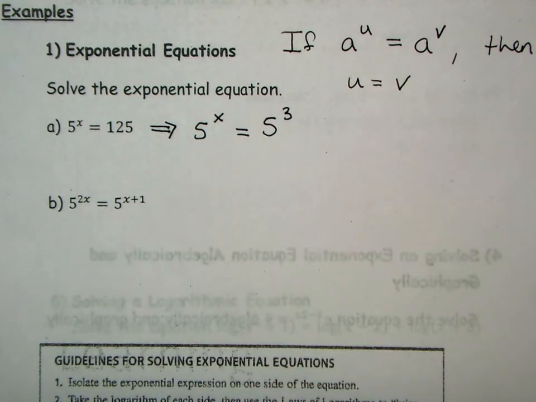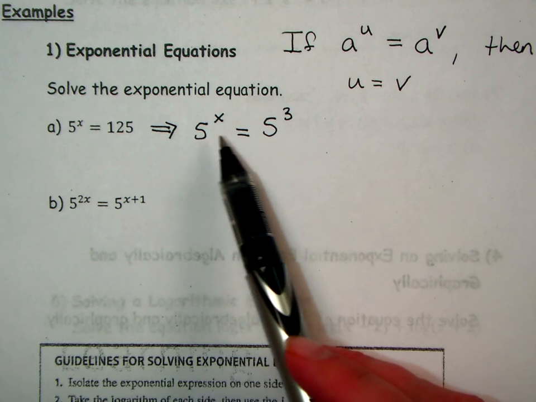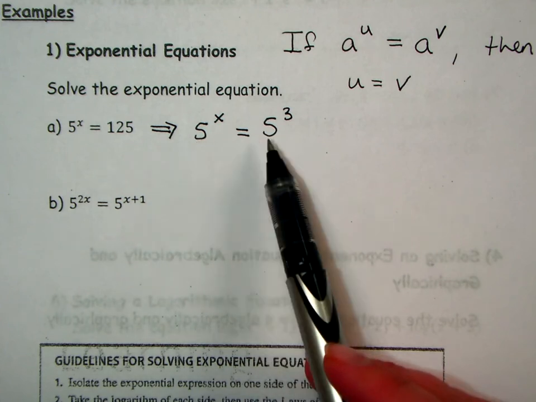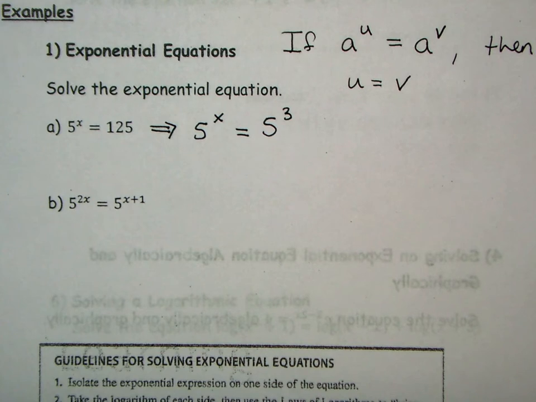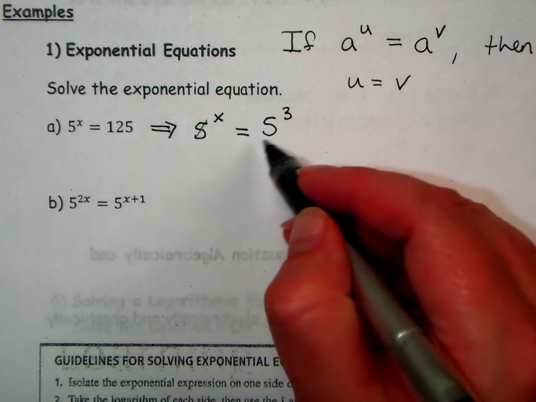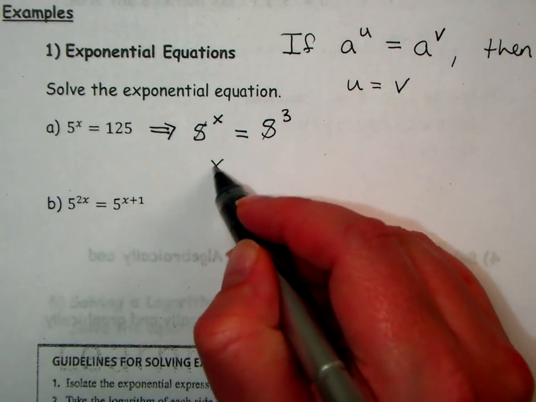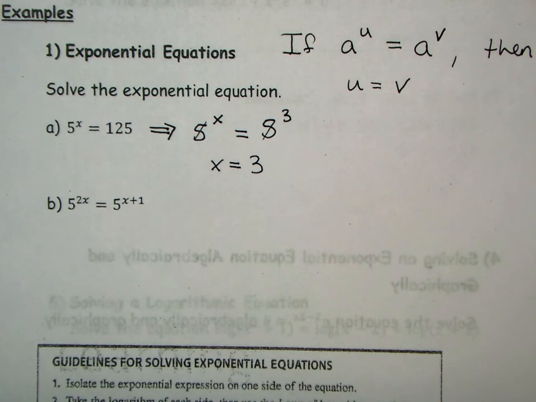Now the bases are the same, so the exponents have to be equal. I'm just going to cancel these bases and say x equals 3, and there we have that equation solved.